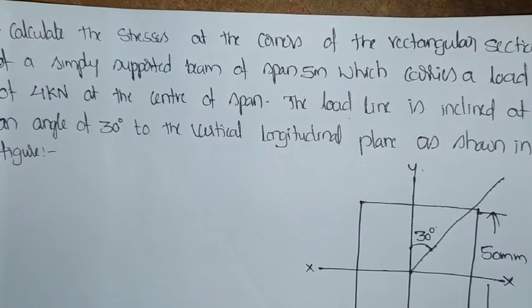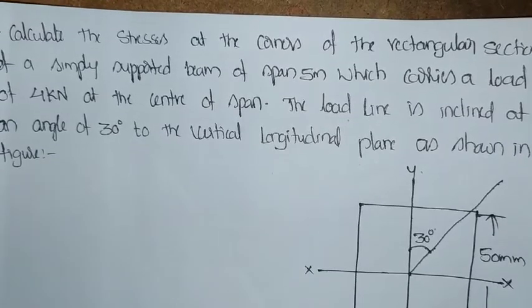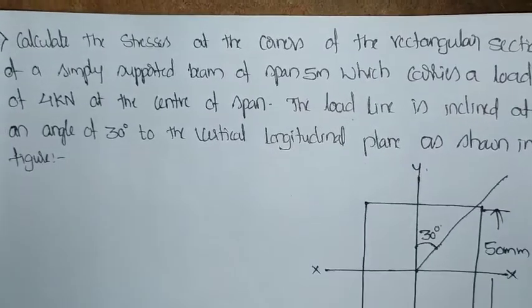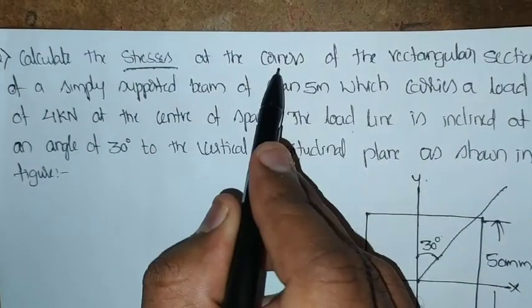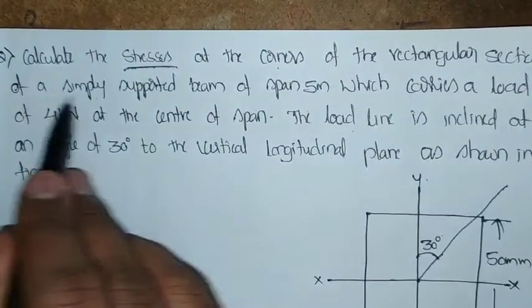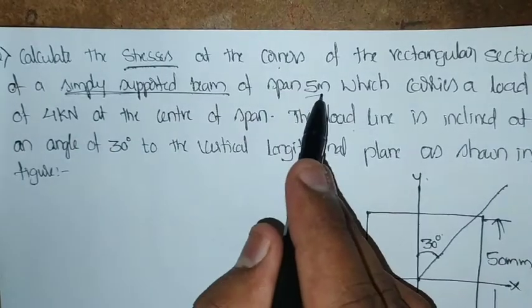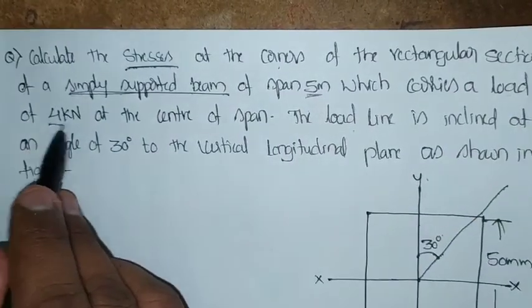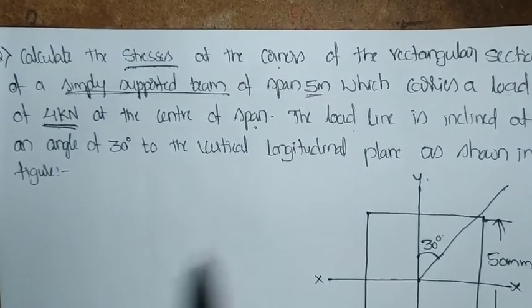Now we will see some example problems on how to calculate the position of the neutral axis and similarly the deflection in sections. For this we have considered one example problem. Calculate the stresses at the corners of a rectangular section of a simply supported beam, of span 5 meters, which carries a load of 4 kilonewton at the center of the span.